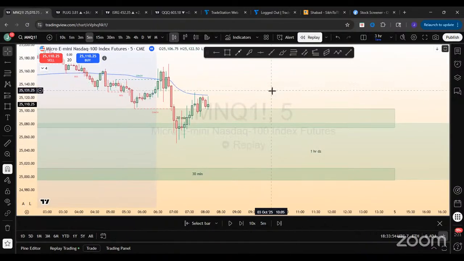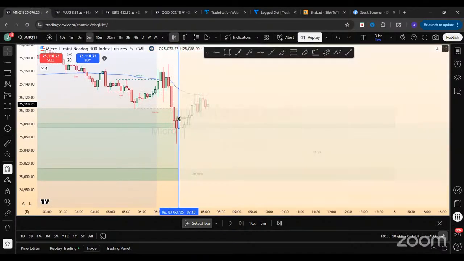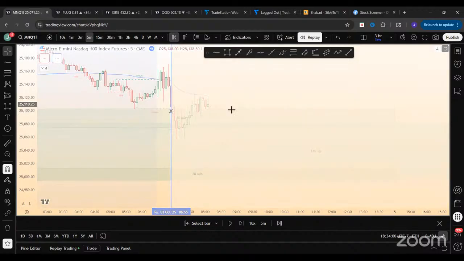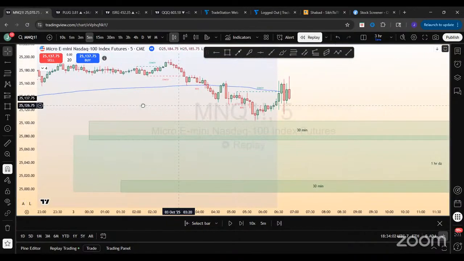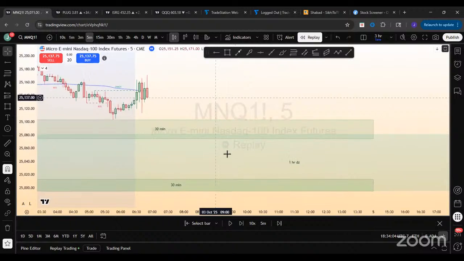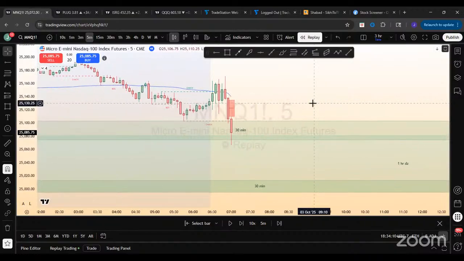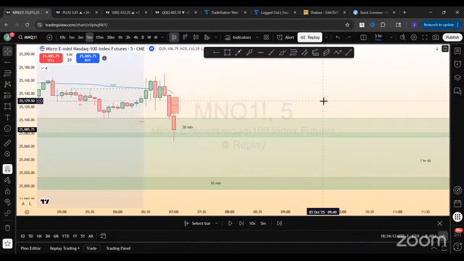There you go. So the price is below VWAP and gave a bearish fair value gap.